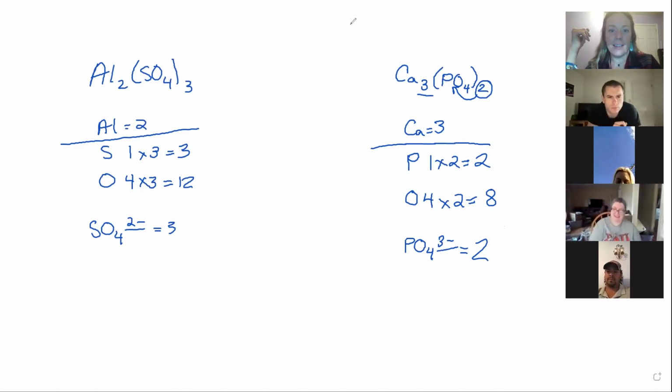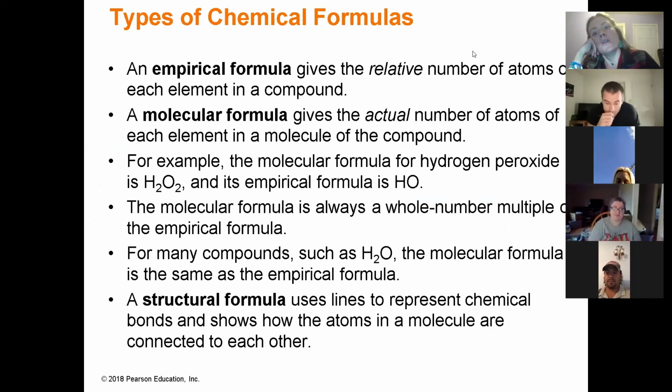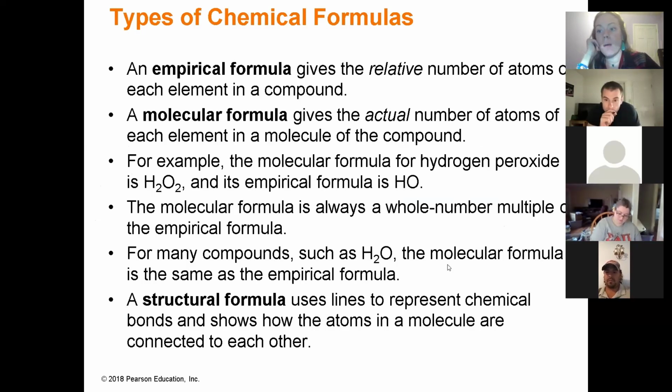All right. Let's get back to the slides. So this is something we'll kind of lightly talk about now, and then we'll expand a little bit more in chapter 6, but there are a couple different types of formulas. Everything that we've been looking at thus far has been what's known as an empirical formula.